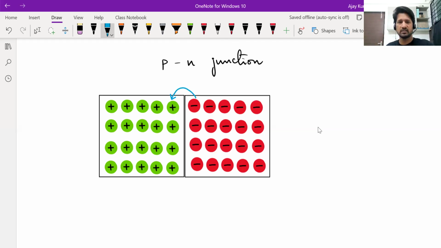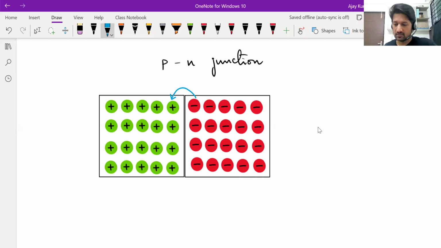And there is a high concentration of conduction electrons on the n side, and they move over to the p side and fill the holes. So electron hole recombination will occur. As a result, what will happen? One conduction electron will be lost, and one hole also will be lost. Whenever an electron recombines with a hole, one conduction electron and one hole will be lost. Means charge carriers will decrease. Charge carrier concentration will decrease.